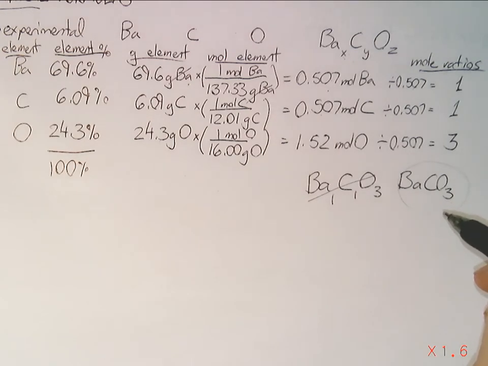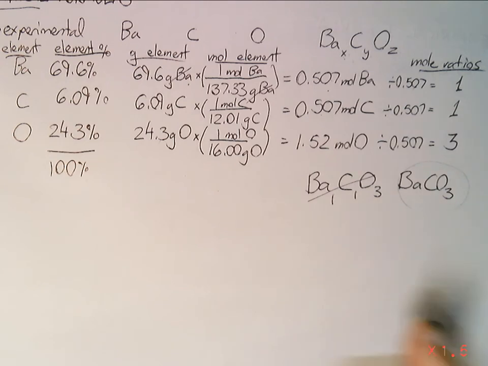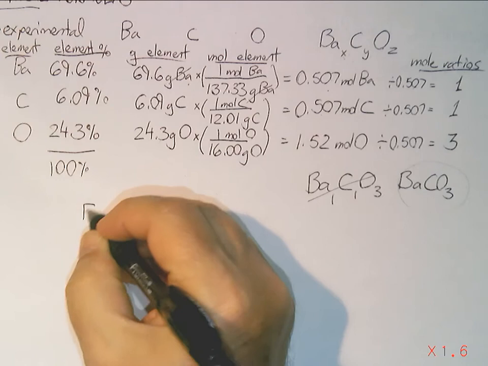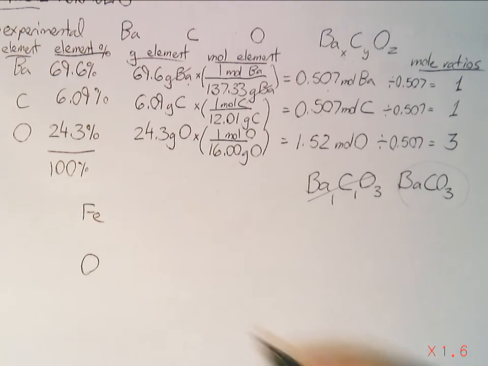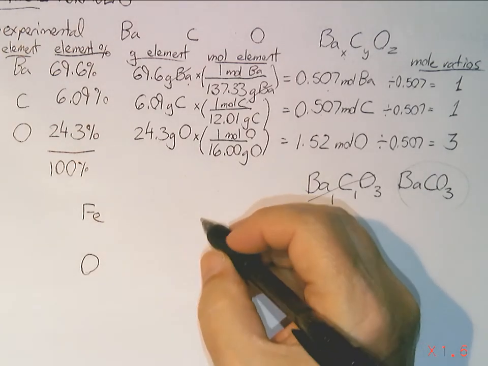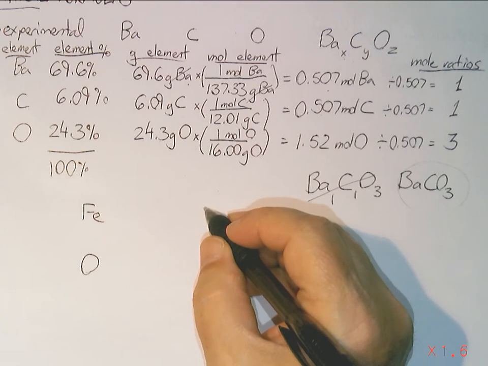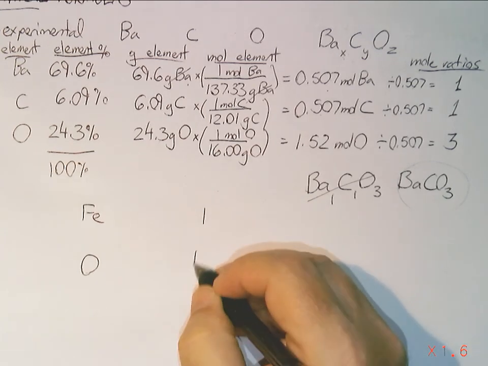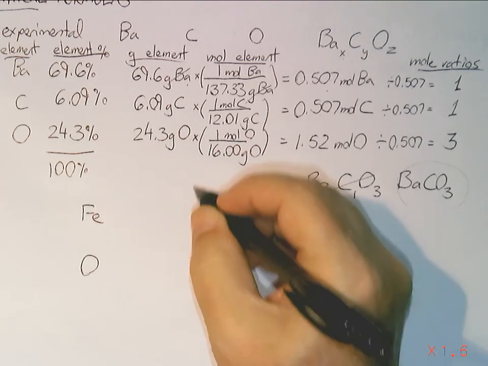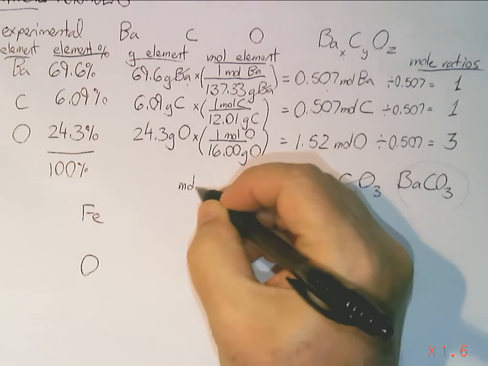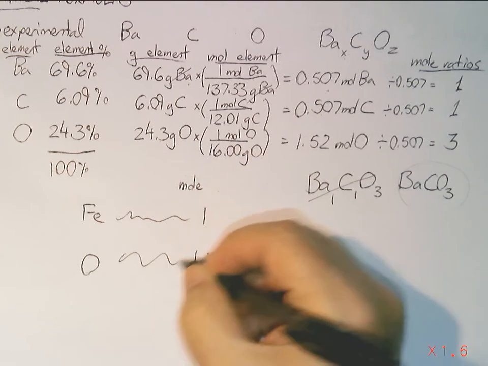Now, occasionally you are going to get a situation where you don't get integers in the last column. Like suppose you had gotten something like this. When you do this compound, you get something like, let's see, a 1 for this, and you get a 1.5 for this in the mole ratio column if you do the rest of the problem.